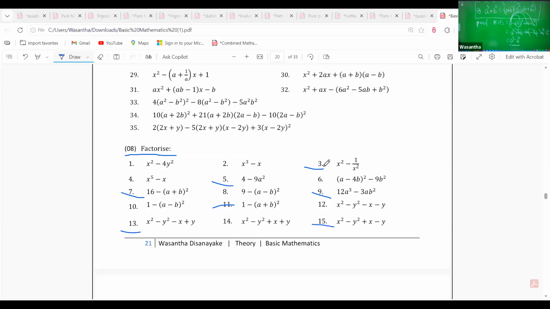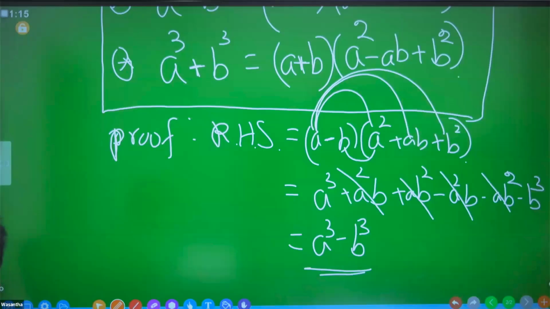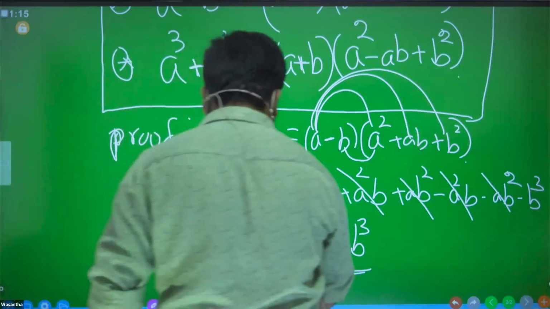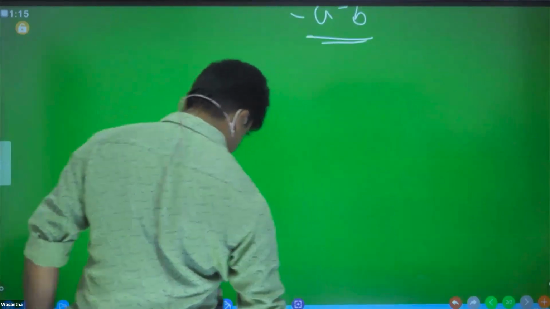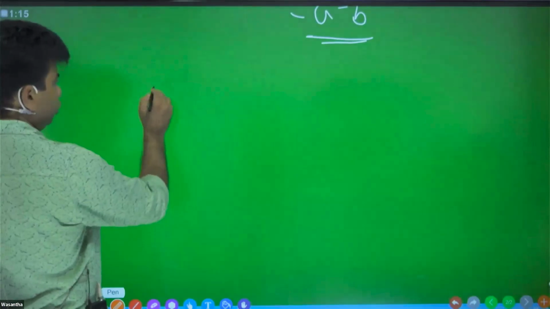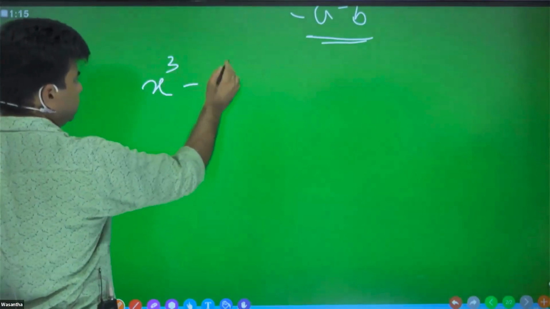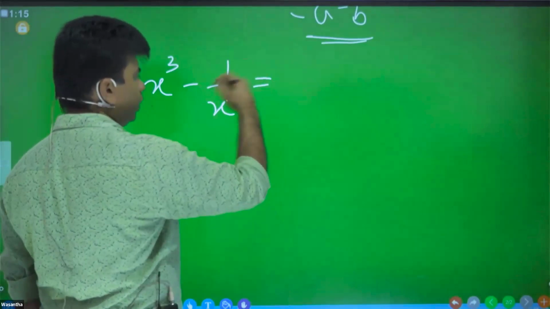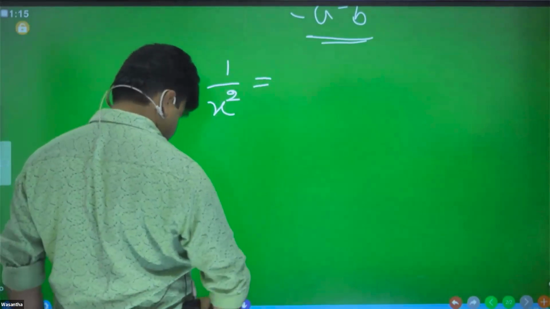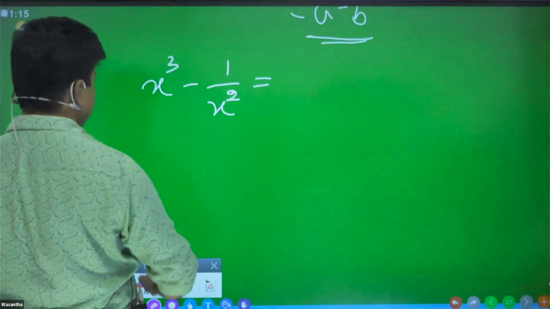You can start from 3: x squared minus 1 over x squared. How do we factorize? Very simple. You know that we have to rearrange it in the difference of two squares form.